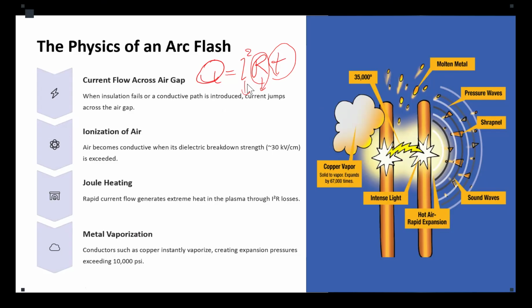Since the current is squared in the Joule heating calculation, this creates a massive amount of heat. The temperature within the arc can, as we said, exceed 35,000 degrees Fahrenheit.